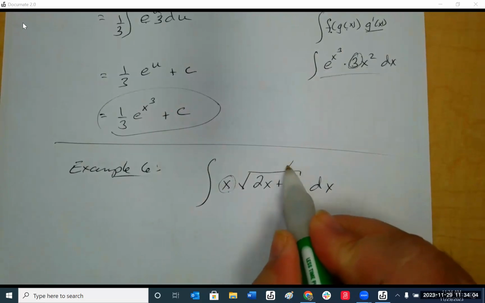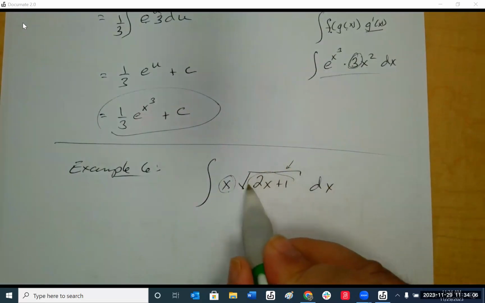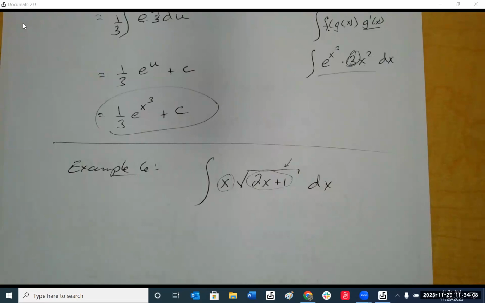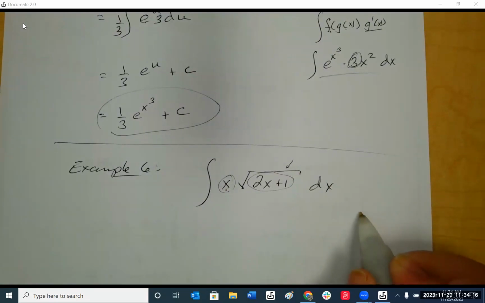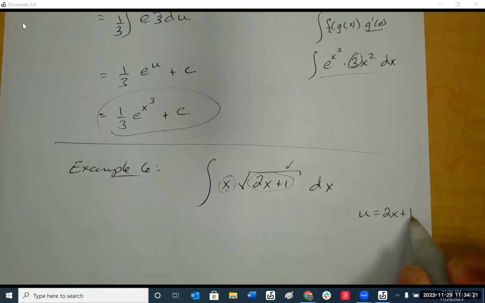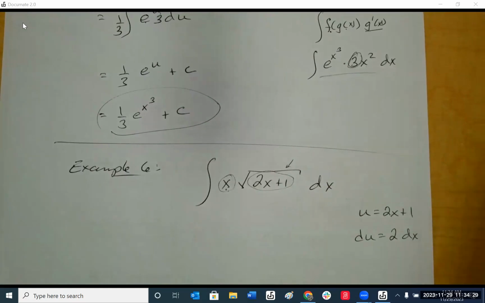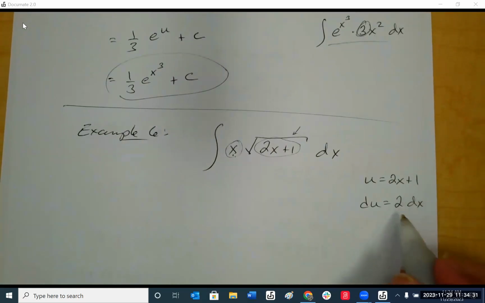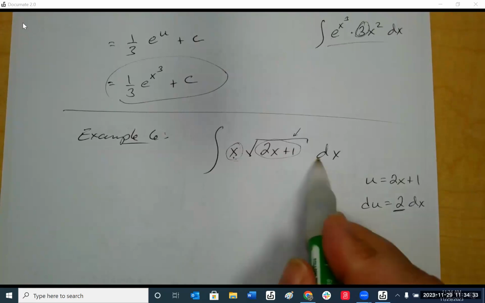Because here's the function f of x, here's g of x, but we don't know what that is. So we know that u is 2x plus 1, so du would be 2 dx. Do we have a 2 out there somewhere?